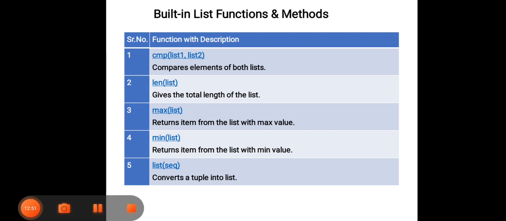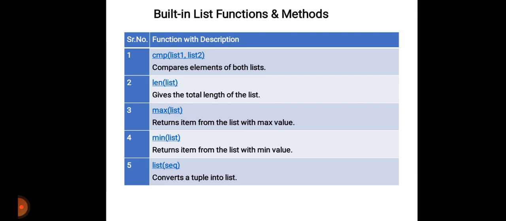Then next one is built-in functions and methods. So built-in functions and methods means what? These are already present in the Python programming language library, so you just have to use these methods and functions.